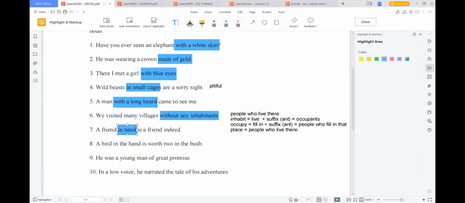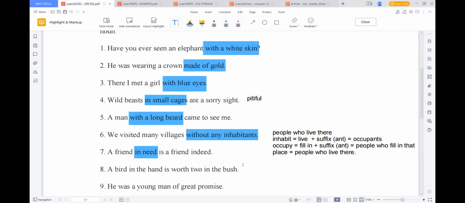A bird in the hand is worth two in the bush. Bush. Okay, the meaning of bush, can you guess the meaning? Push and bush are different. Push 是推. Bush is a small shrub.